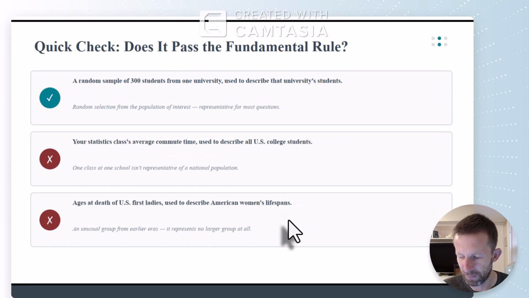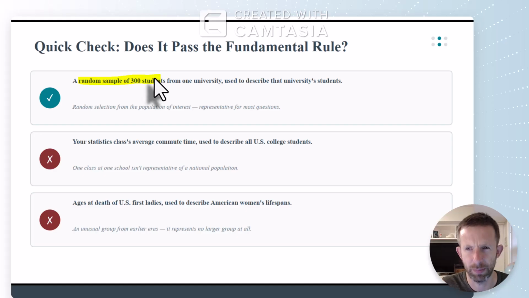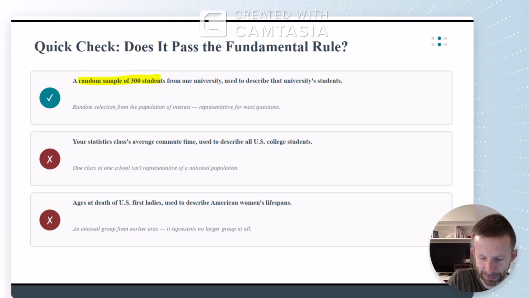Quick check, does it pass the fundamental rule? A random sample of 300 students from one university used to describe that university's students. As long as the sample is random, and that's pretty important, we'll talk about that in the next lesson, that's fine. Your statistics class average commute time used to describe all US college students. Not a good idea.